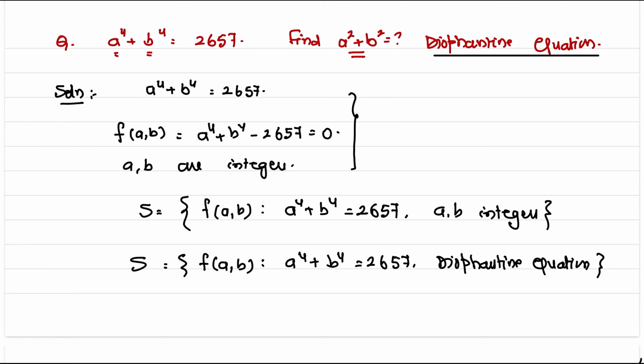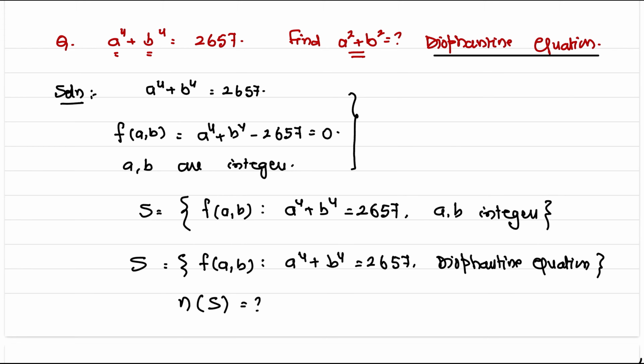So that for such a function, the values of a and b are the solutions, and they are the elements of the set. Then we can ask: the cardinality of S is equal to how much?